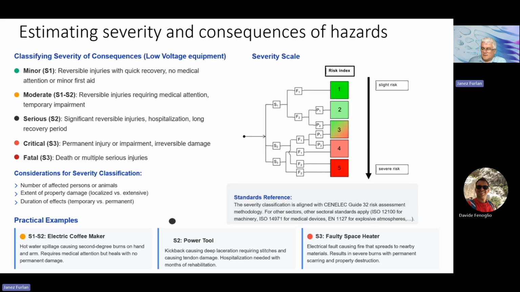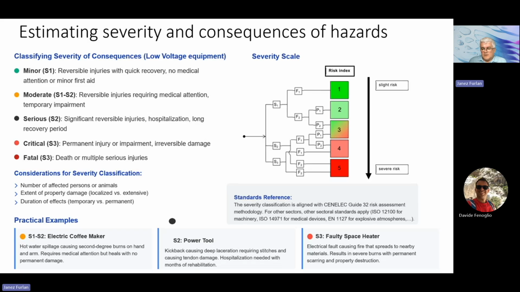Kindly note that there are other sectoral standards, for example, ISO 12100 for machinery, ISO 14971 for medical devices, and others which cover other types of technical products.